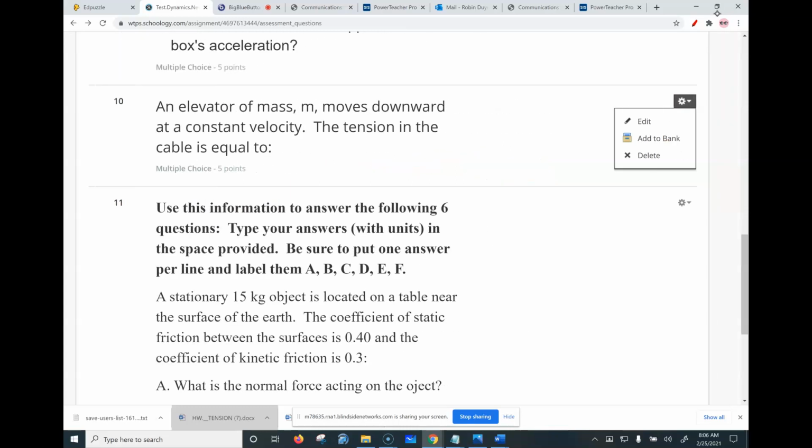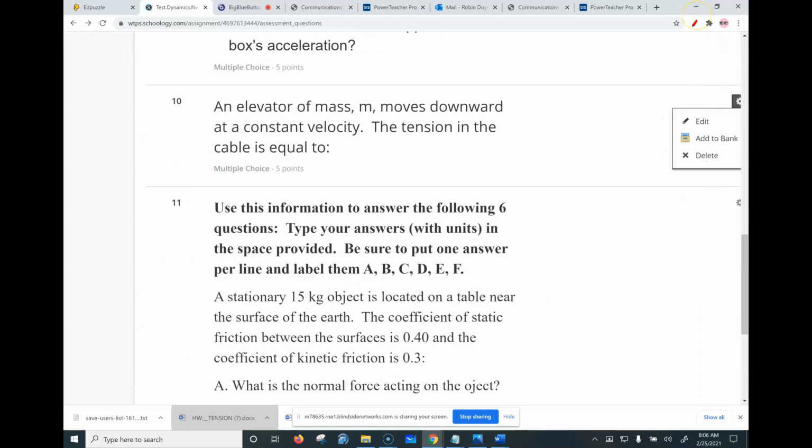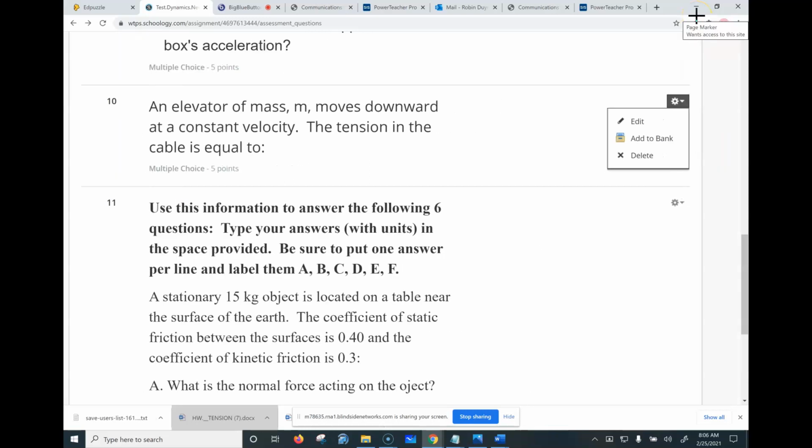Constant velocity. Now, just because it's moving up or down doesn't mean that the forces can't be balanced that way. It means that your Fg and your Ft are the same size. So the tension in the cable should be equal to the weight.